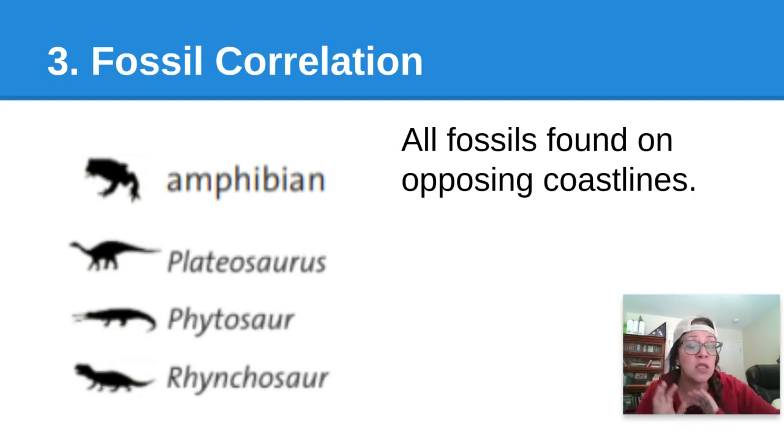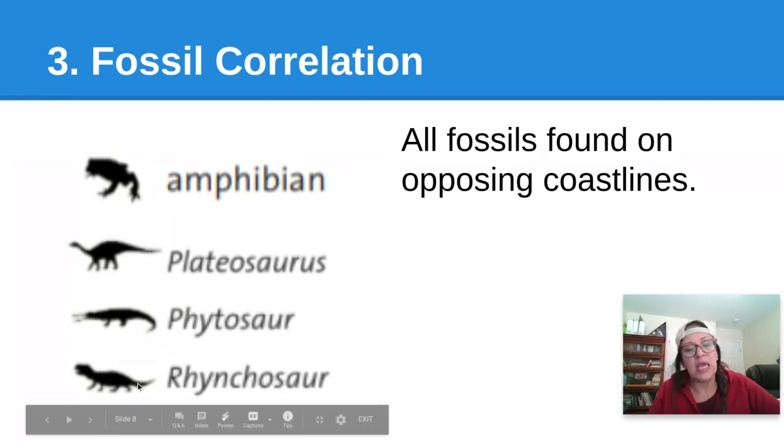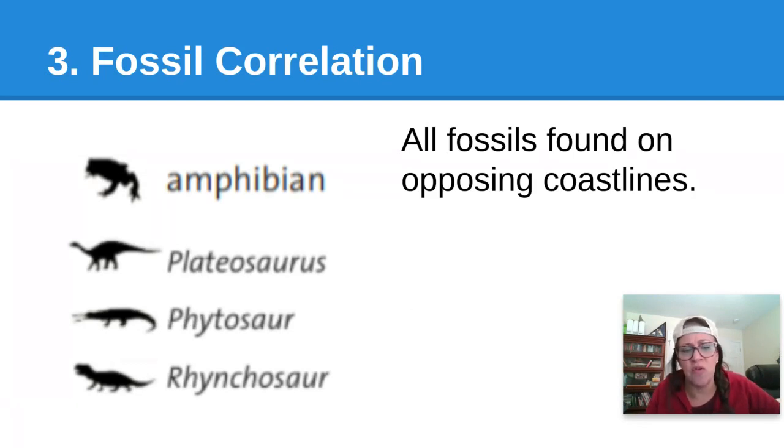Next, fossil correlation. Just like the basalt is found across opposing coastlines, so are fossils, right? Here's some examples. Amphibious fossils found on opposing coastlines: Plateosaurus fossils, Phytosaur, which kind of looks a little bit like an alligator, and Rhynchosaur, which kind of looks like a T-Rex walking on all fours, right?